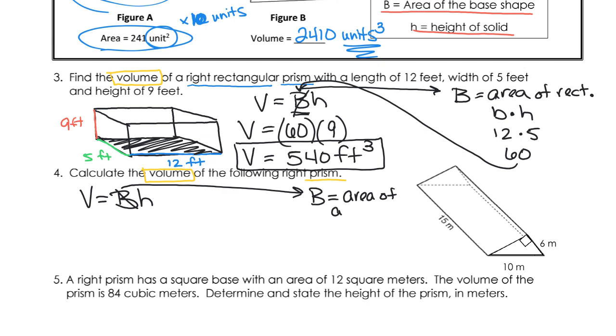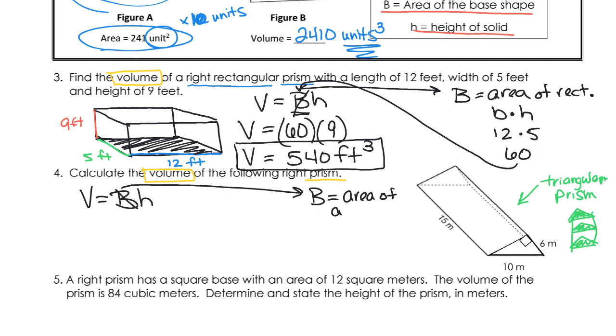One of two things. This shape here is called a triangular prism. What it is, is a bunch of triangles stacked upon each other to form this triangular prism.